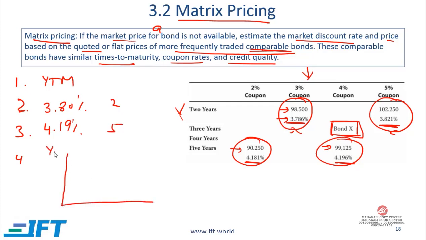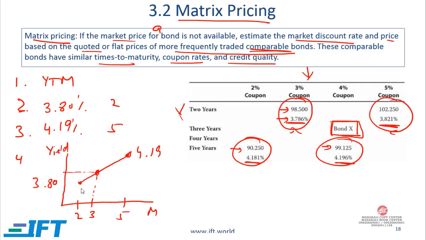If we have yields on the y-axis and maturity on the x, the 2-year bonds have a yield of 3.80. The 5-year bonds have an average yield of 4.19. Linear interpolation means that we make a linear line connecting these two, and then a 3-year bond would be over here. So we are after this number.